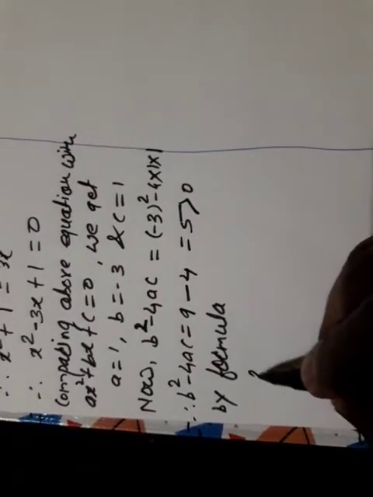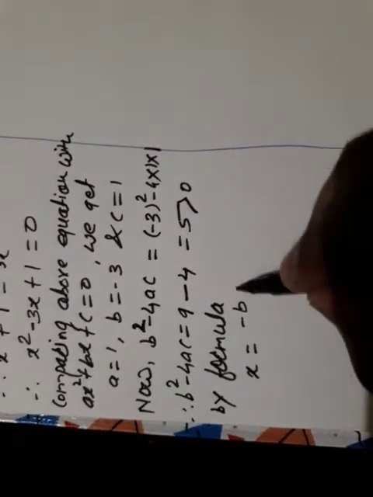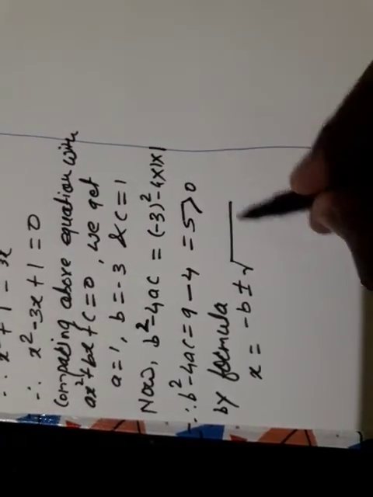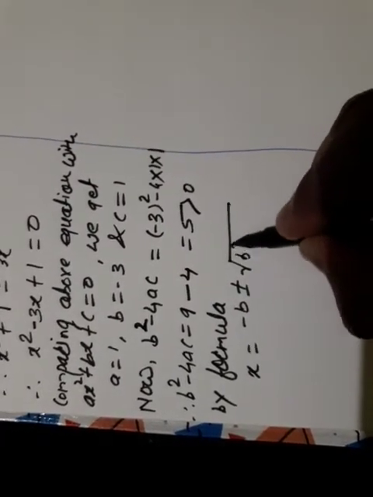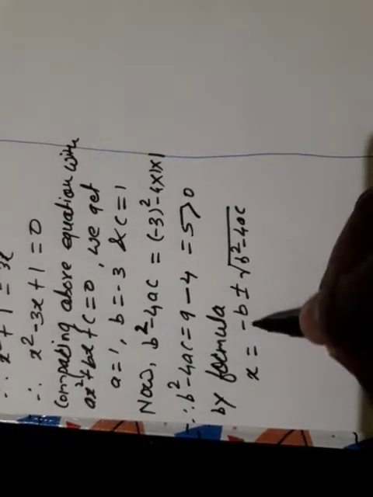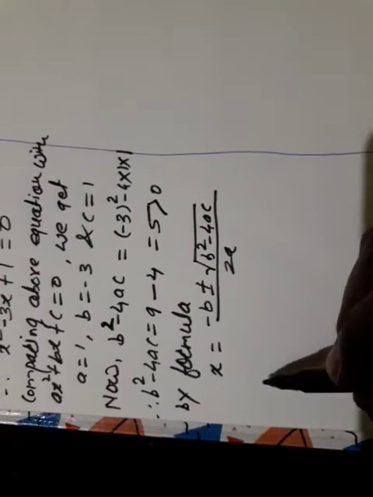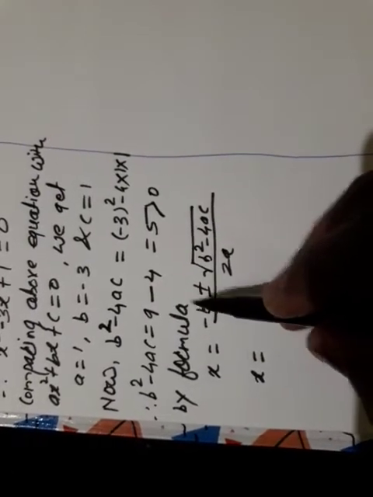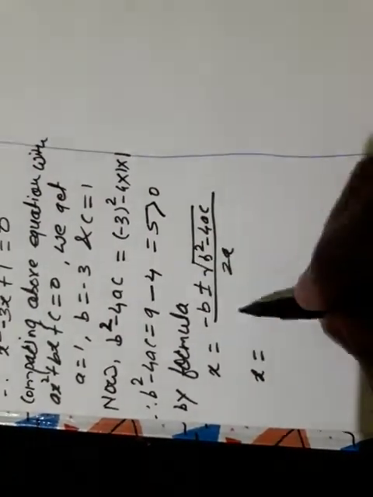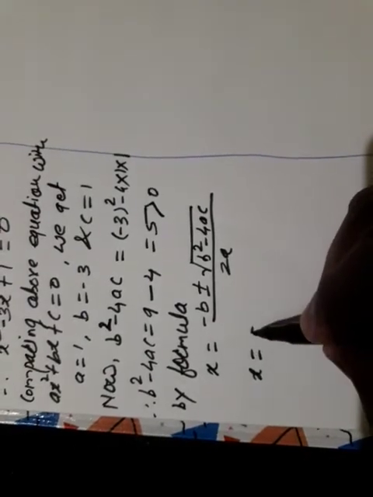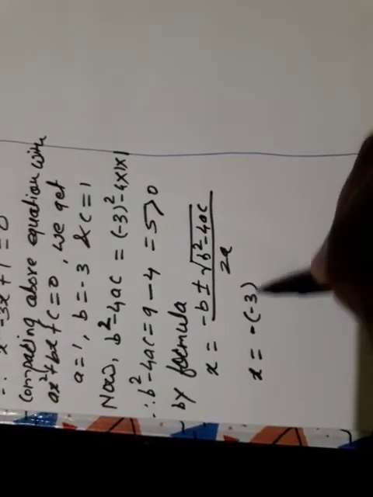You know the formula: x is equal to minus b plus or minus the square root of b square minus 4ac, divided by 2a. We will put the values: minus, what is the value of b, minus 3, means the original minus sign and its minus sign.